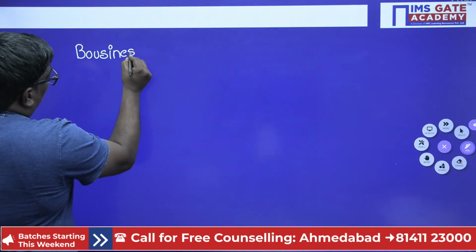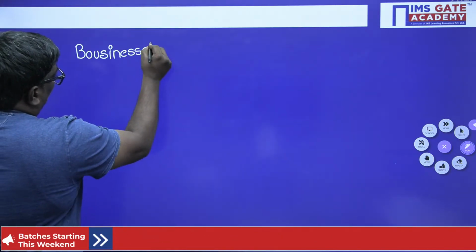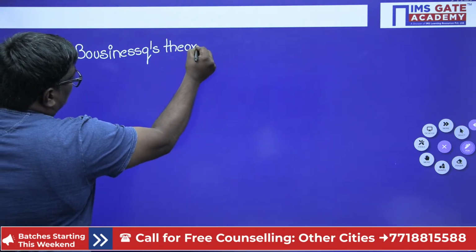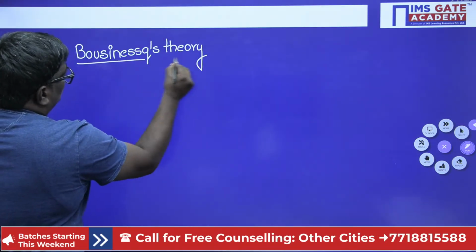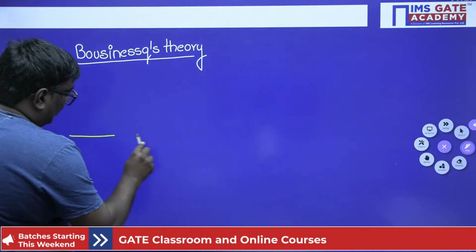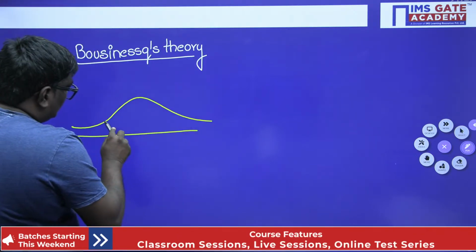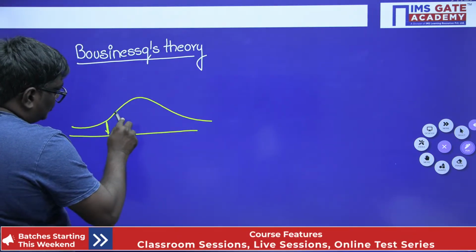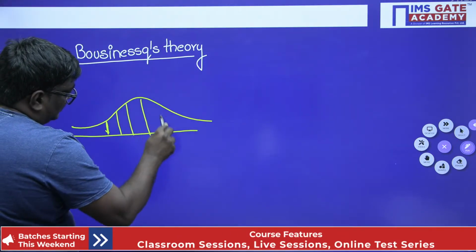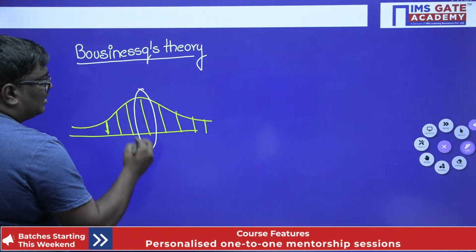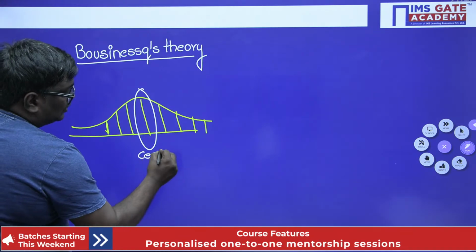Now when I talk about the Boussinesq theory, if you consider a vertical plane and a horizontal plane, how is the stress going to distribute? If you consider this as a horizontal plane, the stress is going to distribute in this way. Usually the stress will be maximum at the center in a horizontal plane.